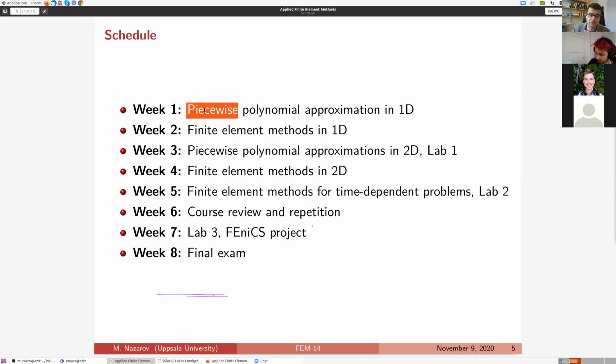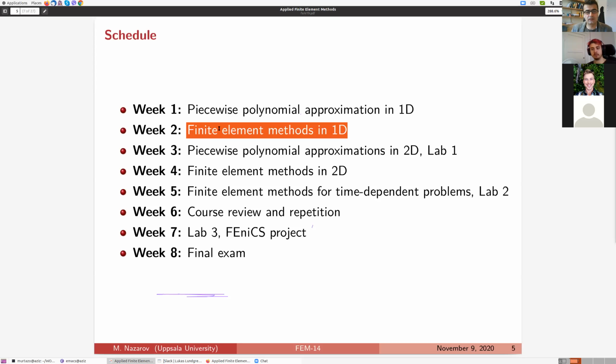Then we will talk about certain types of approximation, so-called interpolation and projection. We will see the difference between interpolation and projection in the first part. All right, then we move to finite element in 1D. This is going to be a lot of repetition from the Scientific Computing 3 course.